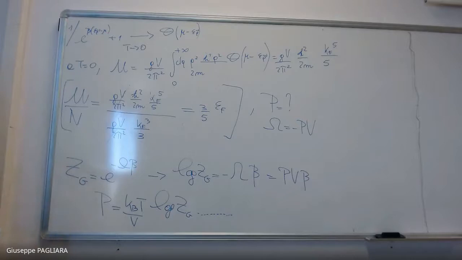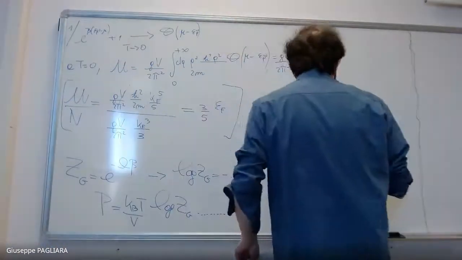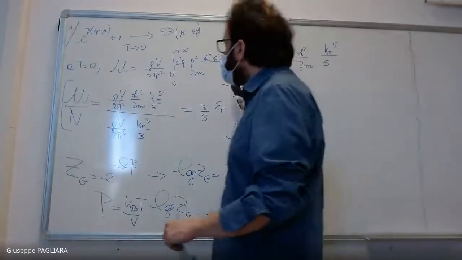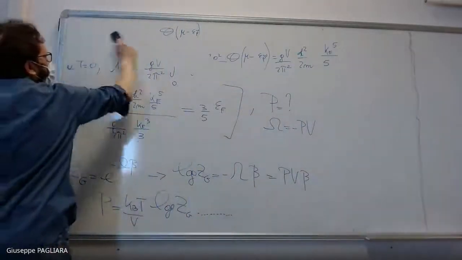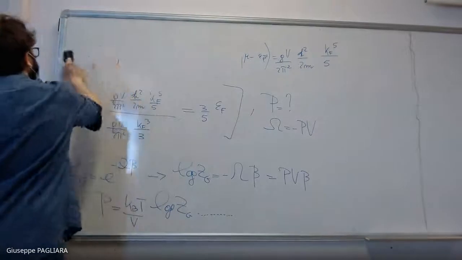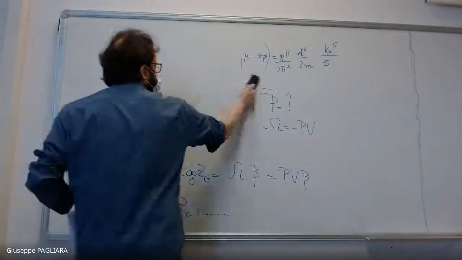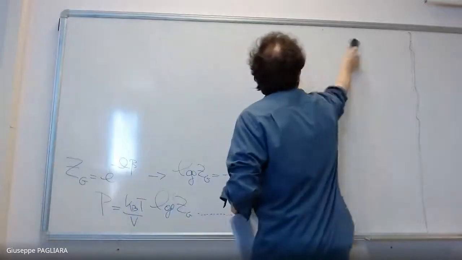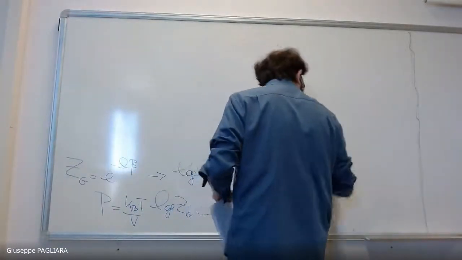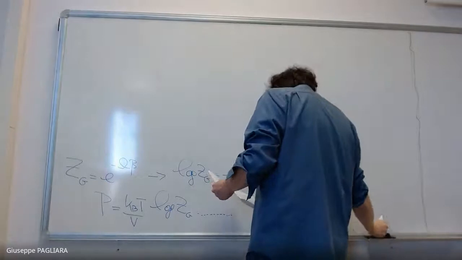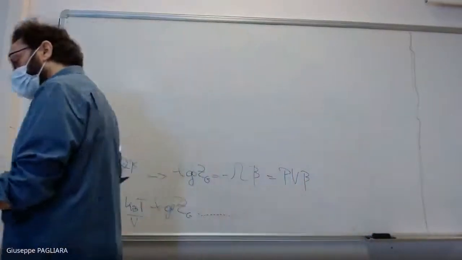One can again compute this quantity, starting from the log of Zg that we derived before, or one can do it more quickly in the following way. Basically, one can use this relation.